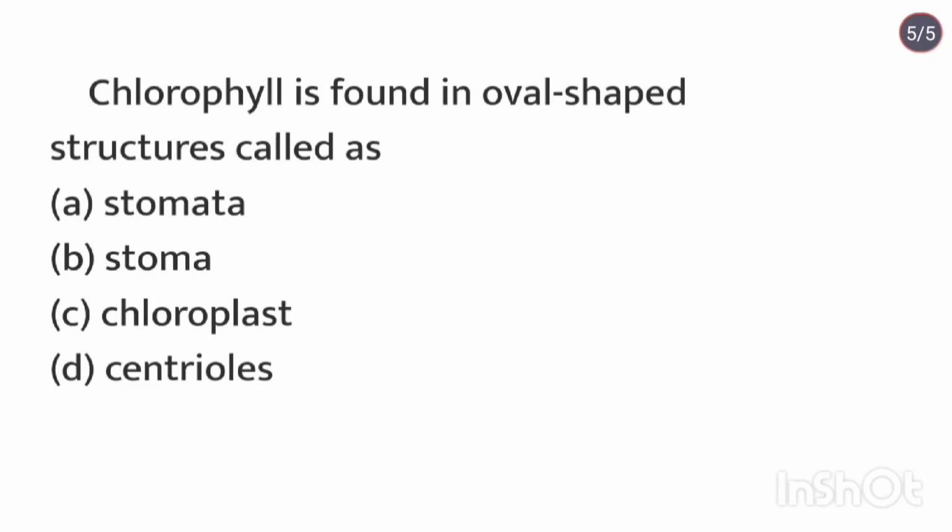Chlorophyll is found in oval-shaped structure called as chloroplast. Chloroplasts are the organelles found in plant cells and eukaryotic algae that conduct photosynthesis. Chloroplast absorb sunlight and use it in conjunction with water and carbon dioxide gas to produce food for the plant.